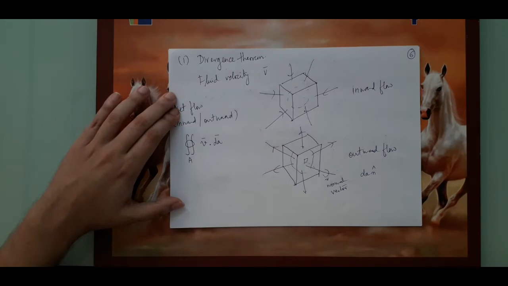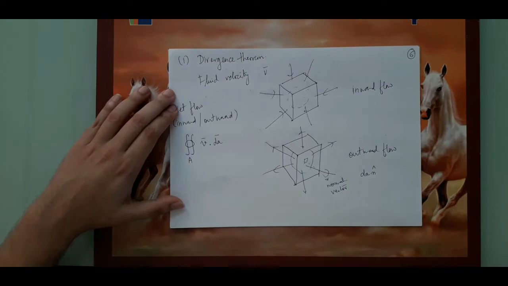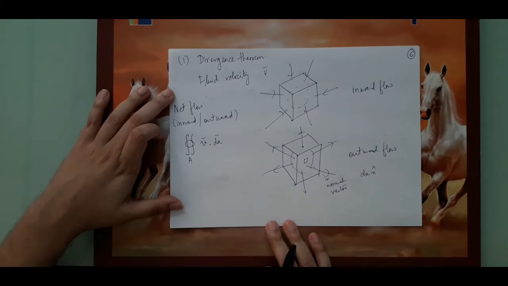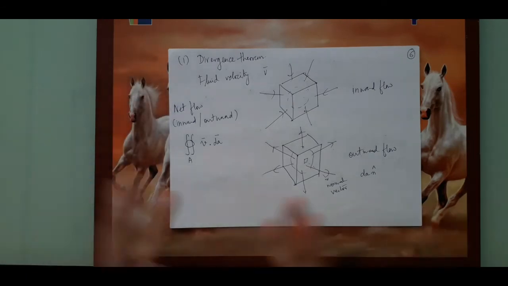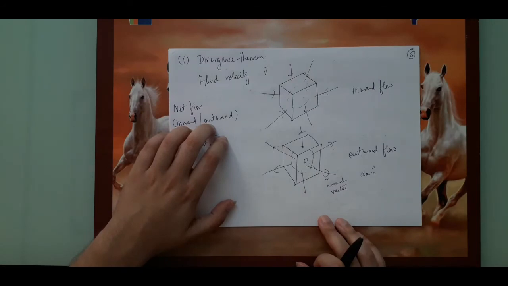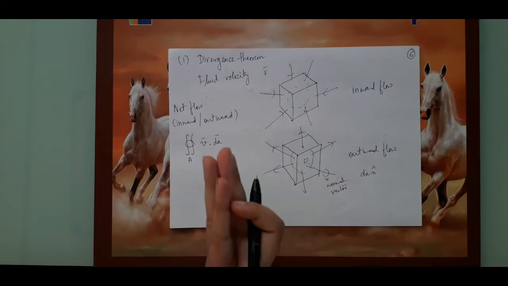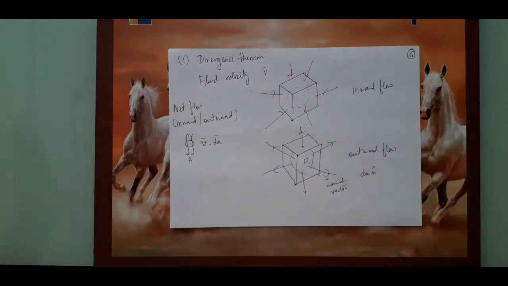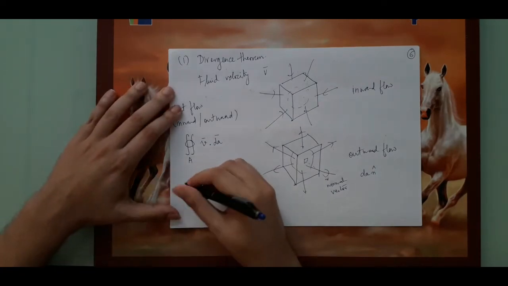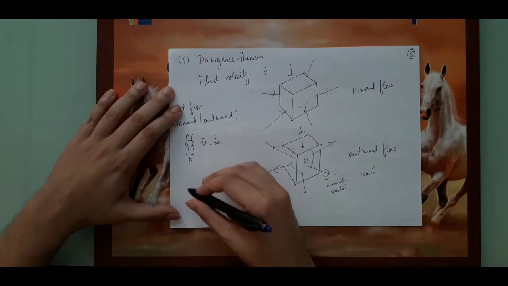Now, when we stated the divergence theorem, we said that this net flow is nothing but an indication of the total expansion or compression. When I am saying expanding or compressing, there is some change in volume. And expansion or compression is nothing but whether the vector field or the fluid is diverging outward or inward. So therefore, when I am talking of the expansion or compression, I will talk of a volume integral.